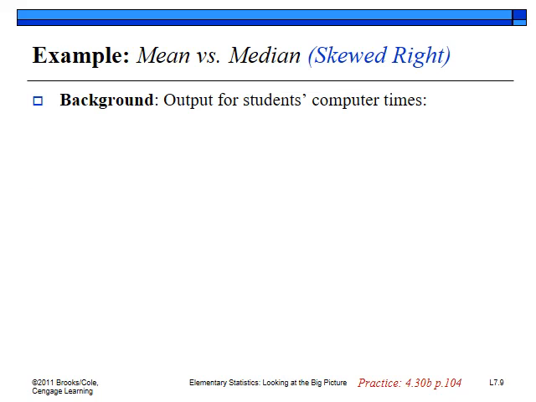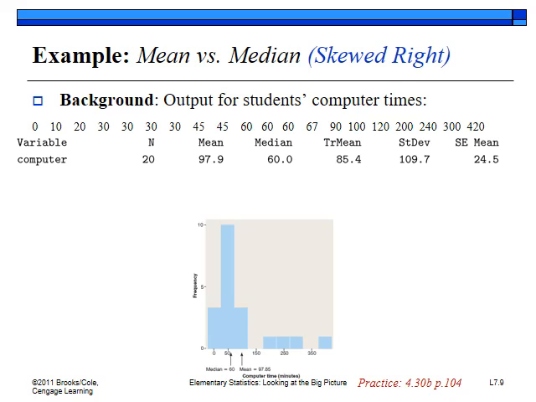Here's another example. If we look at the output for students' computer times, again from the student survey data, using a computer we can find for these 20 data points a mean of 97.9 and a median of 60. Here the mean is quite a bit higher than the median.